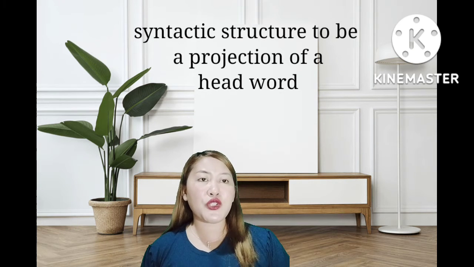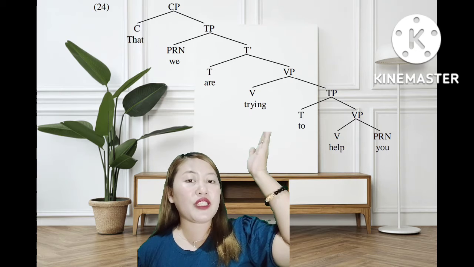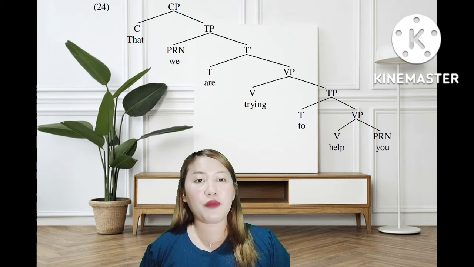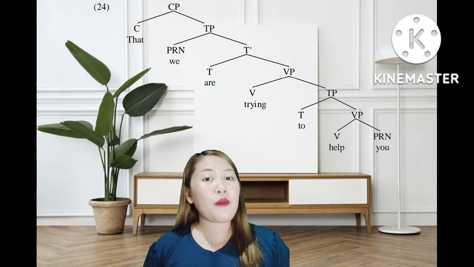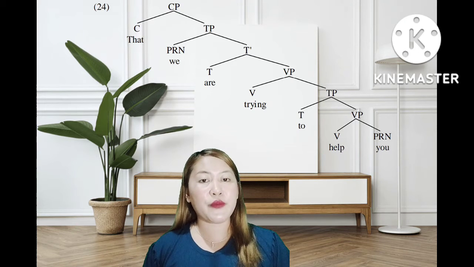Let's therefore assume that the complementizer that merges with the tense phrase we are trying to help you to form the complementizer phrase. The tree diagram above tells us that the complementizer that is the head of the overall clause that we are trying to help you, and conversely, the overall clause is a projection of that.